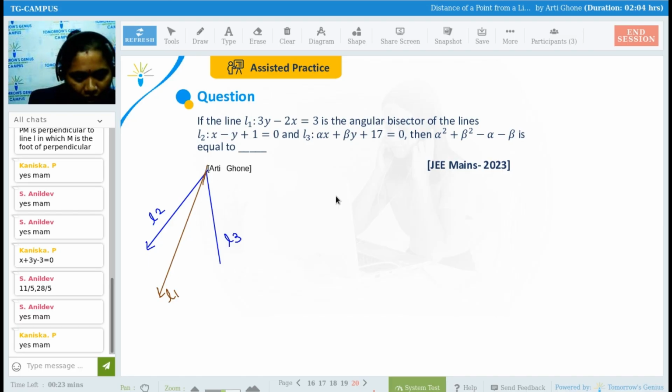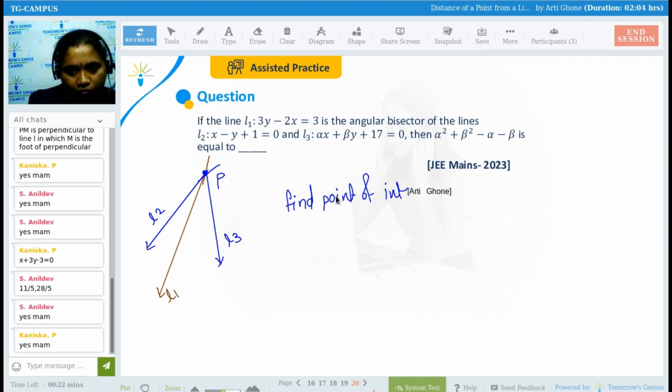If I solve L1 and L2, we are able to find the point of intersection. Yes or no? This point of intersection P can be found by solving L1 and L2. So your first step of the solution is to find the point of intersection of L1 and L2.